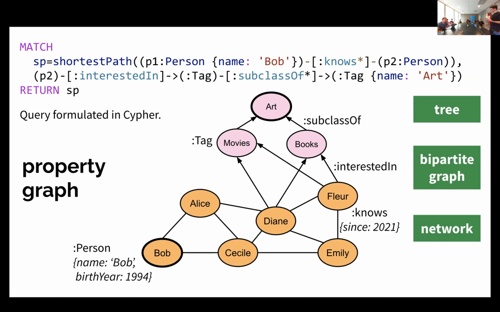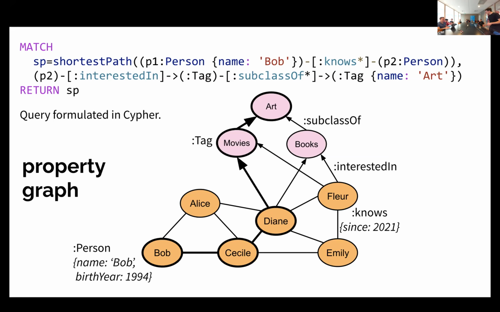That person in turn is interested in some tag that is a subclass of art. This is a pretty concise way of expressing a shortest path problem and a tree traversal problem. We also do a join along the interested-in edge. So if we run it, the system will then return this path to us, and it may even visualize this for us.